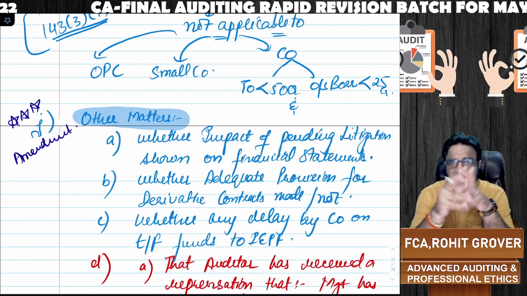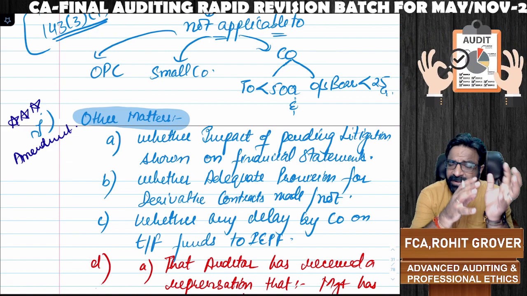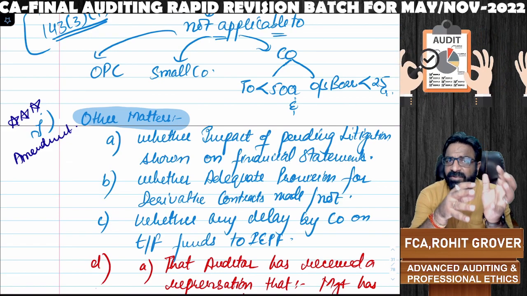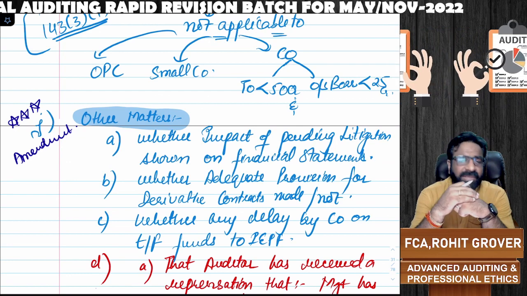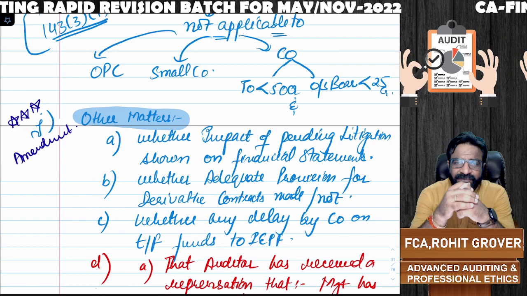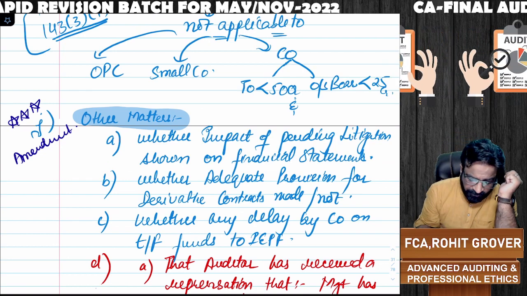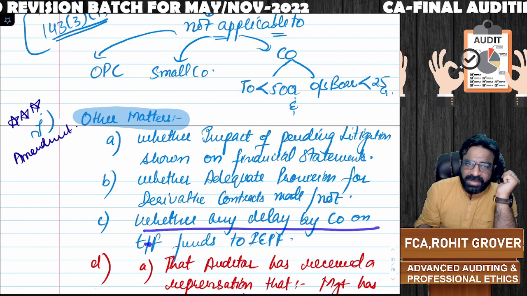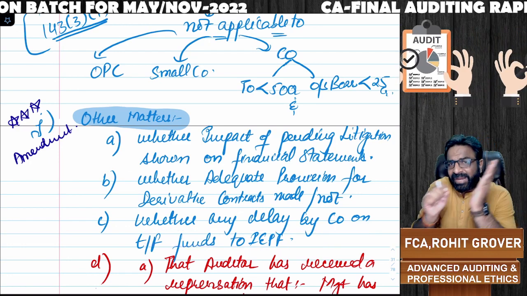Once the 7 years are over, the unpaid or unclaimed dividend amount is required to be transferred to the IEPF, Investors Education and Protection Fund, or IEAF, Investors Education and Awareness Fund. So here we are reporting whether any delay has been done by the company to transfer the funds from the unpaid dividend account to the IEPF or not.